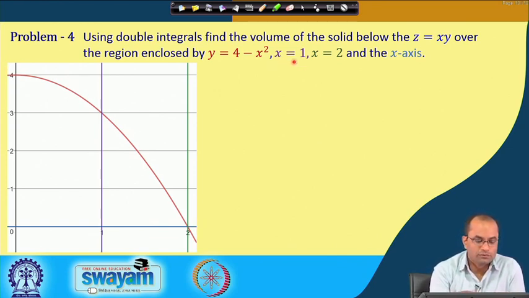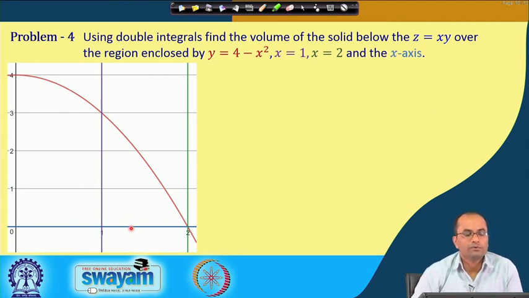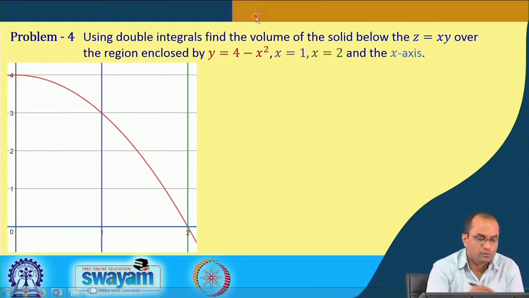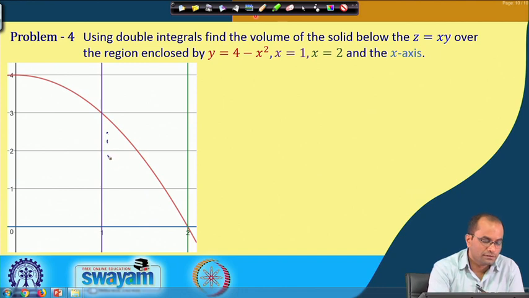We have x is equal to 1, this is the line x is equal to 1, and we have the line x is equal to 2. So, this is the line here, and then we have the x axis. So, the region bounded by all these 4 curves is this one.